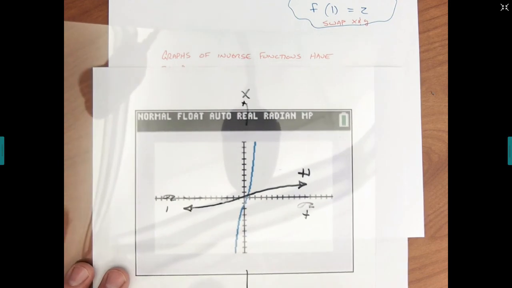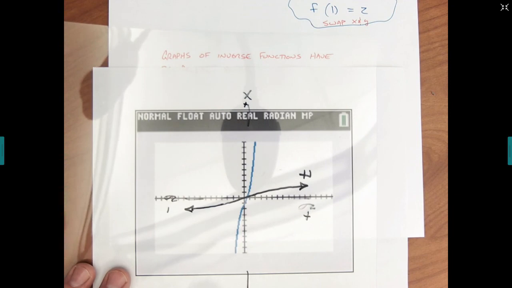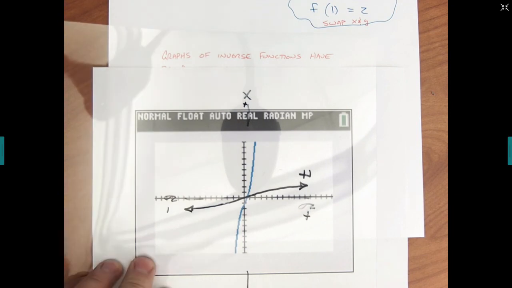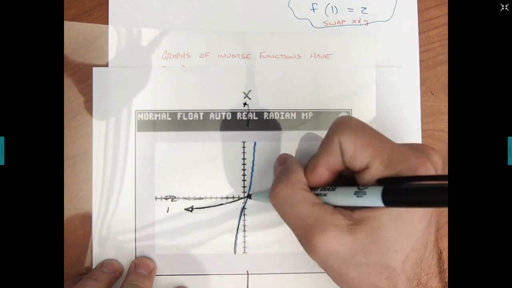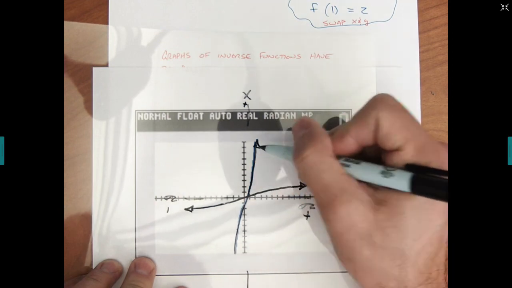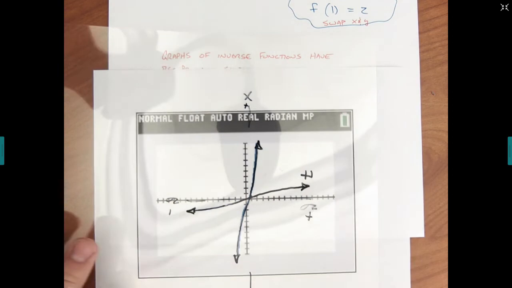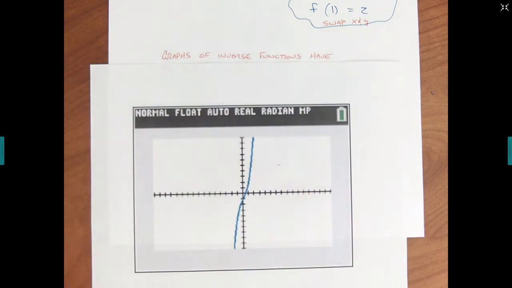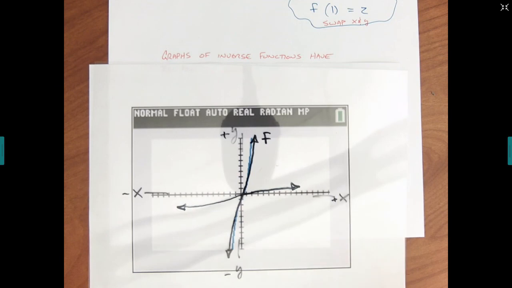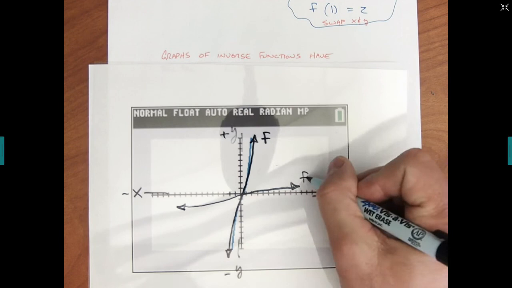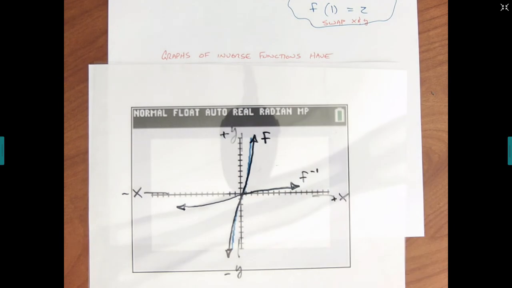Now, there we go. Looks like this. I don't have the neatest picture in the world, but what I do then is I just trace through again like this. There we go. And now I've got the graph of my function and its inverse, like so.